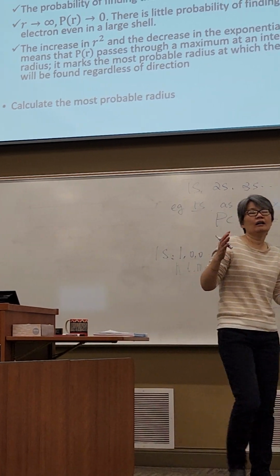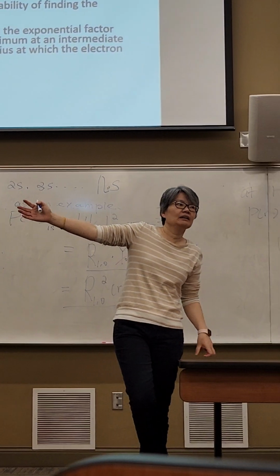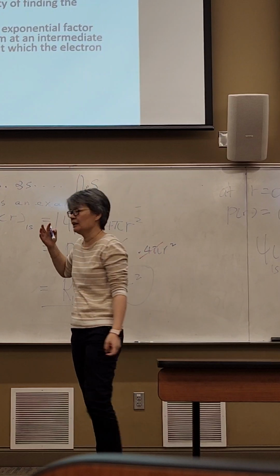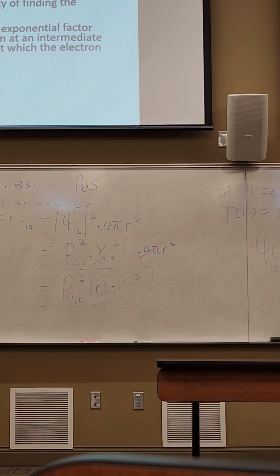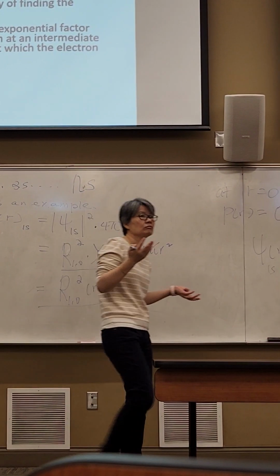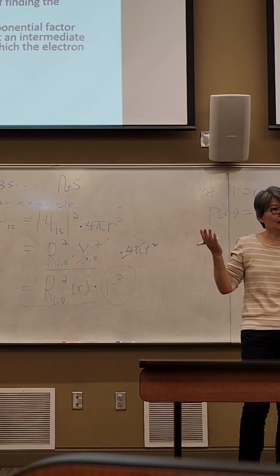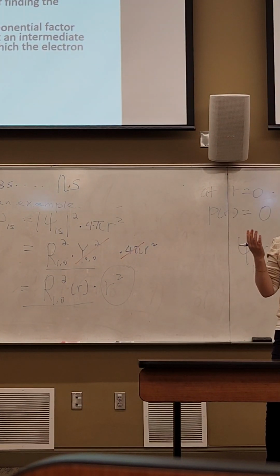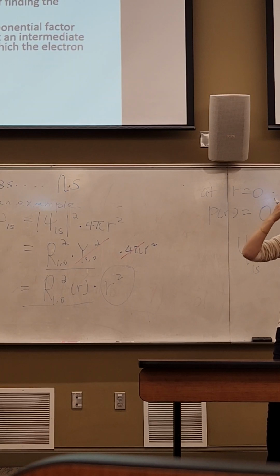So when r goes to the other extreme, to infinity, what happens? The r squared will go to infinity. How about the exponential function? 0. It will be really, really small.